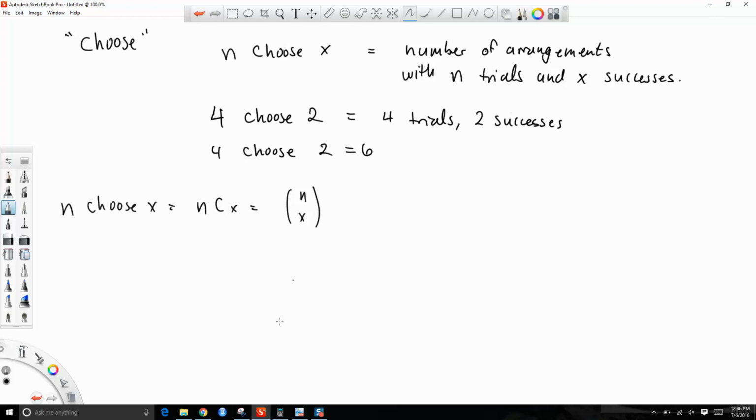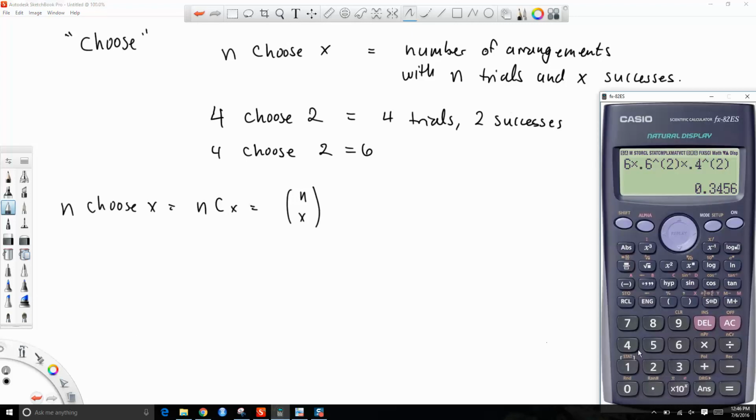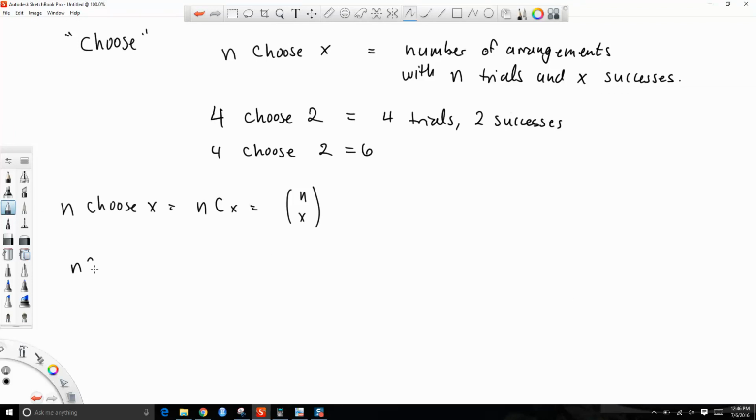You probably have a button on your calculator with it. On my calculator it's over the division sign and it's called nCr. If you have a Texas Instruments, you might have to hit the math or probability button, and then use the arrow keys to find nCr.